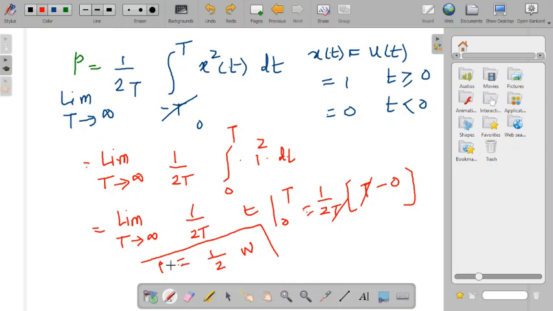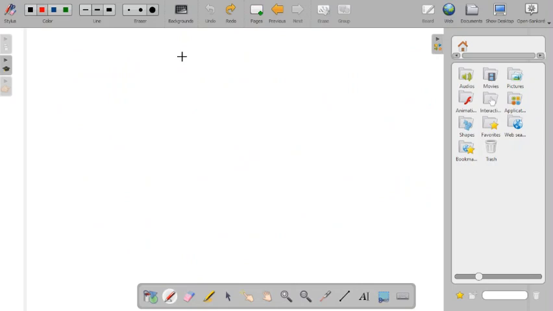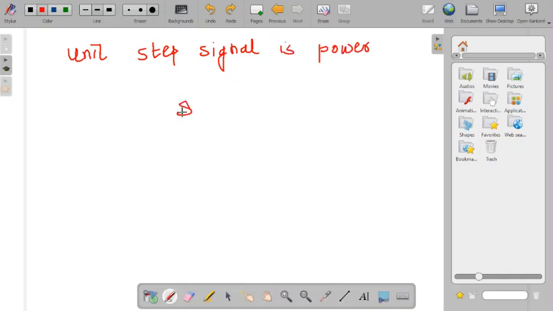Therefore power of this unit step signal is half watt, and therefore unit step signal is a power signal. So this is a very important conclusion that we have derived, that unit step signal is a power signal.